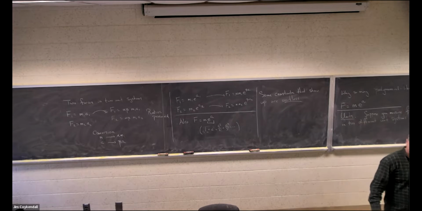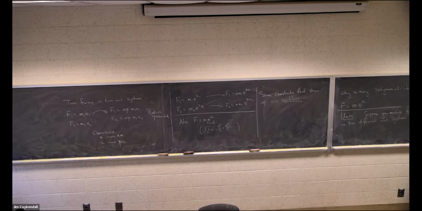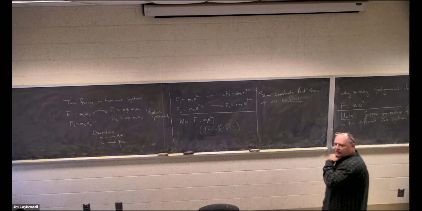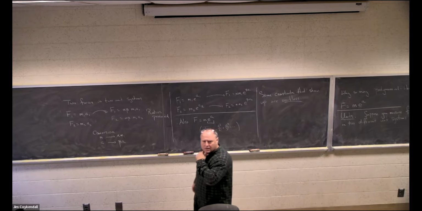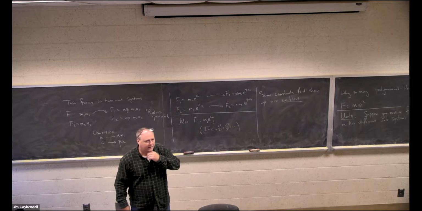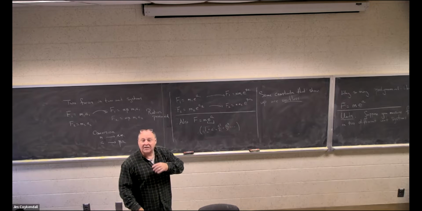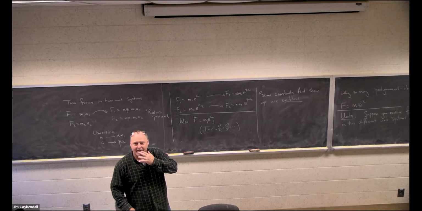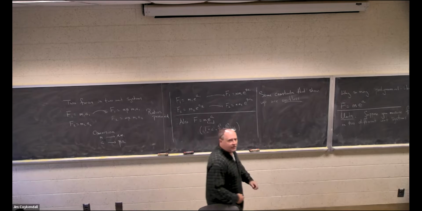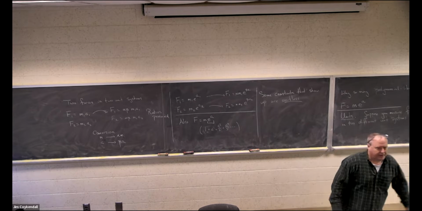Can anybody name constants that are unitless? The Planck constant, is that one? No, that actually does have a unit. Is gravitational acceleration unitless? No, the gravitational constant of the universe has units to it.